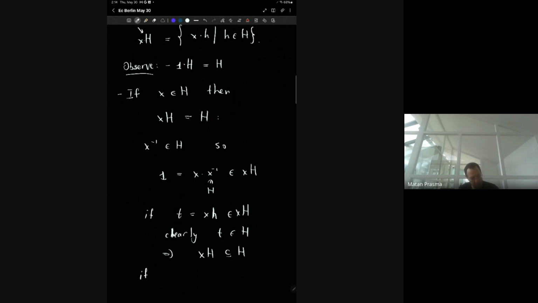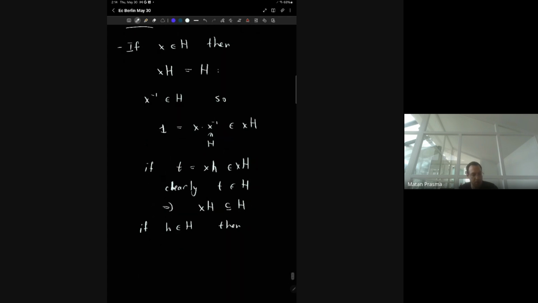And if small h is an element in H, then I can write h as X times X minus 1 times h. And this is an element in XH because it is a product of X and some other element in H. Why is this other element in H?